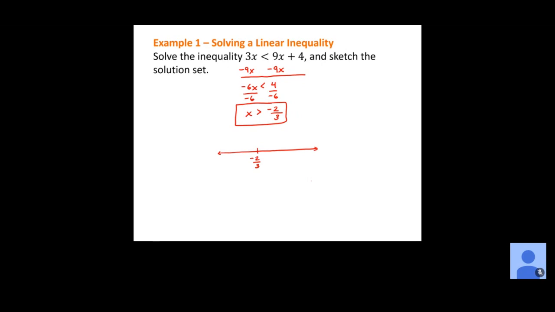Good. It's going to be open because this is strictly greater than negative 2/3, not greater than or equal to. If there was an equal to there, then we would close that circle in and include it. Now, which way am I going to shade on my number line if I want x to be greater than negative 2/3? To the right. Good. So now I'm going to shade everything on my number line to the right of negative 2/3.